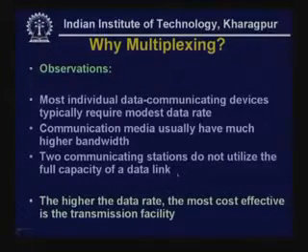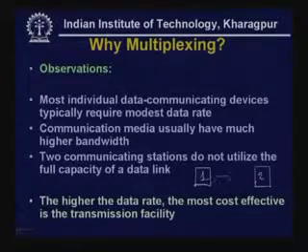On the other hand, individual users have lesser data to send, and as a consequence, the two communicating stations do not utilize the full capacity of a data link. That means, if you have two users, say user 1 and user 2, linked by a communication link, maybe optical fiber, coaxial cable, or whatever it may be, they are not able to utilize the link capacity fully.